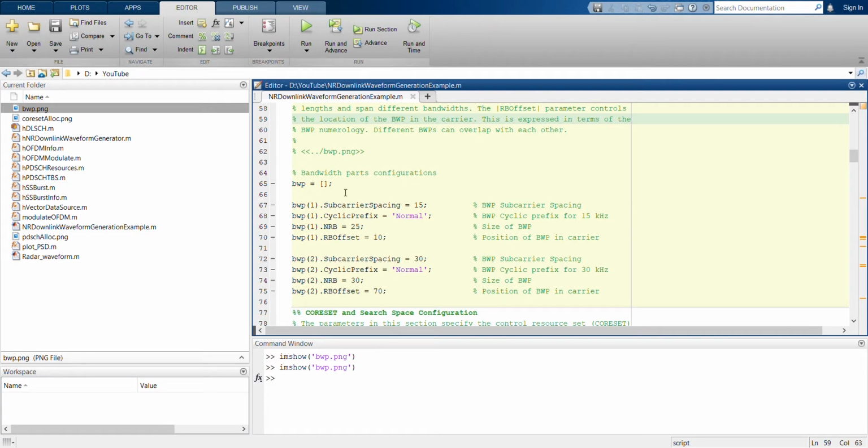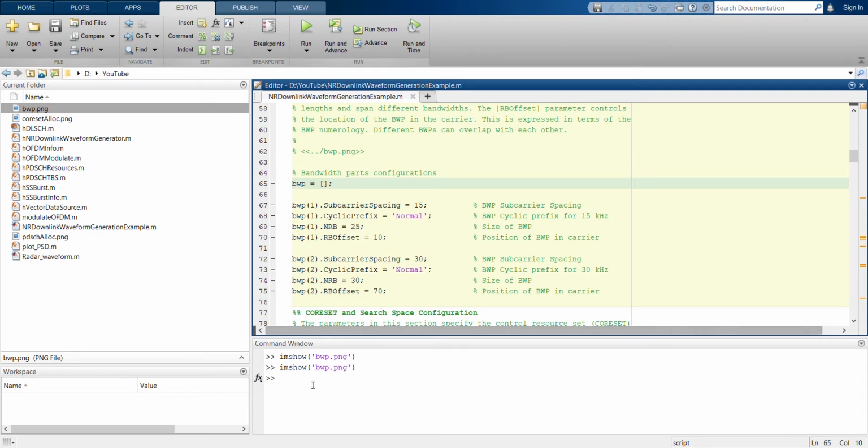So similar to the definition of the carrier, you define BWP to denote bandwidth part, and this is bandwidth part 1 and this is bandwidth part 2. For the first bandwidth part, your subcarrier spacing is 15 kilohertz and your cyclic prefix is normal. Then you define the number of resource blocks to be 25.